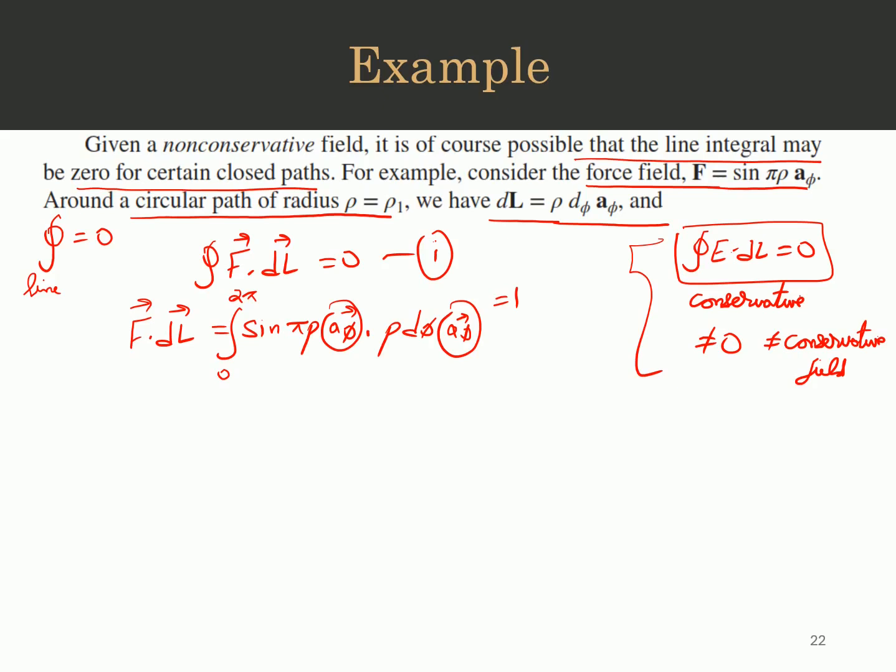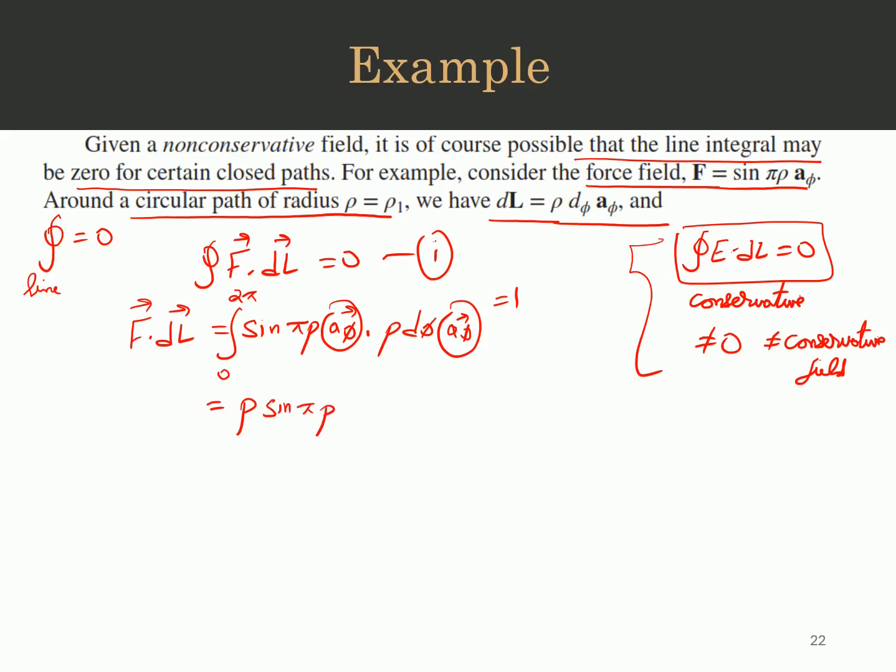Okay, and rho becomes rho square. So let us put the value of, oh, let's integrate this. So this will become rho, and the value will be sine pi rho.